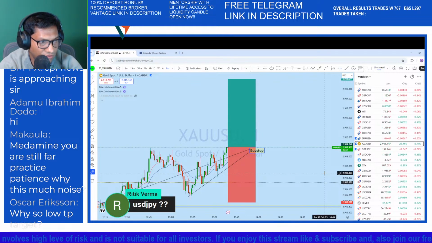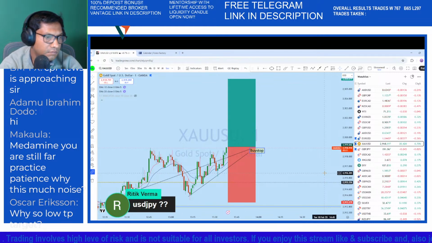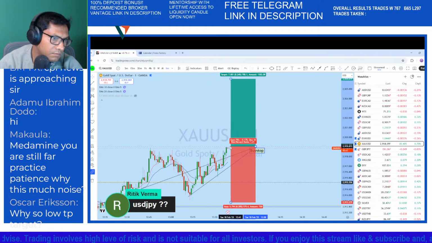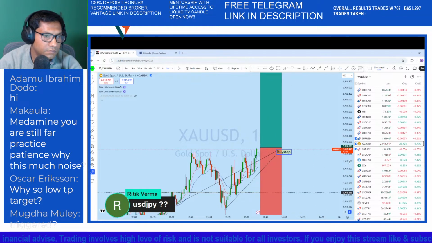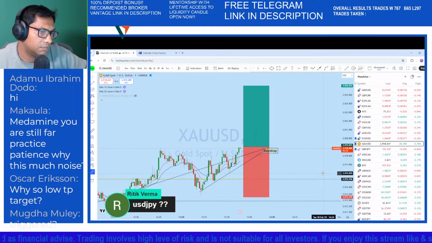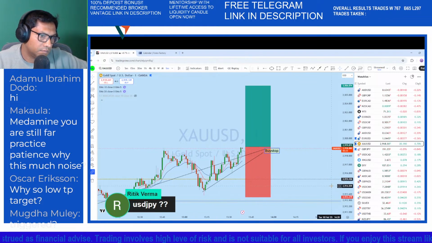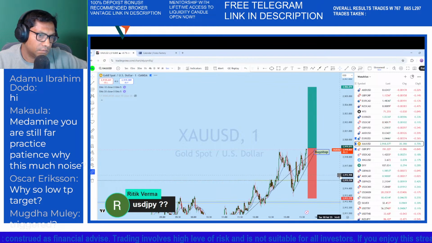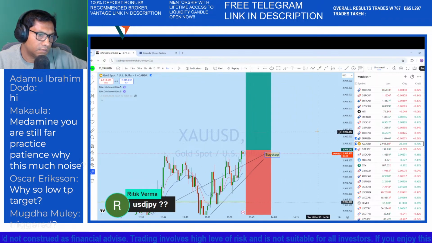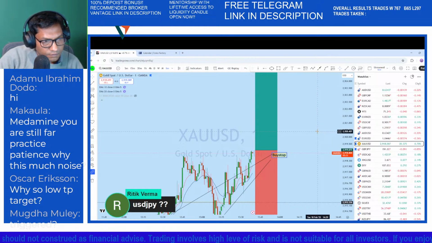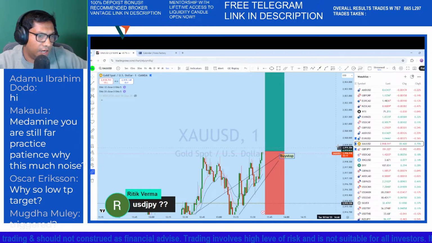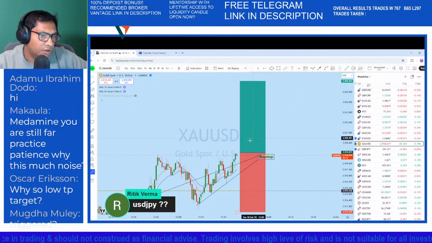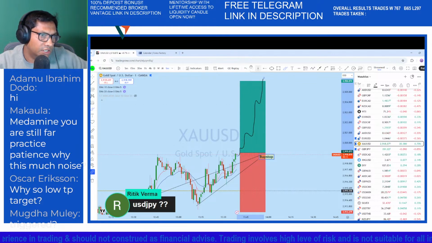Okay, so it's approaching that entry. So here you can see that with this move, narrow candle formation here, and with this narrow candle formation, expecting the market to potentially trend in that direction to create a new higher high.